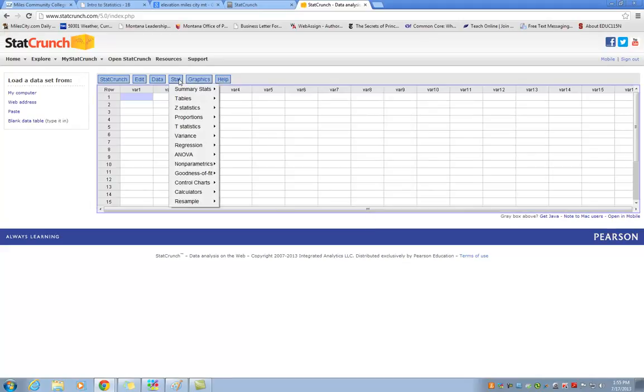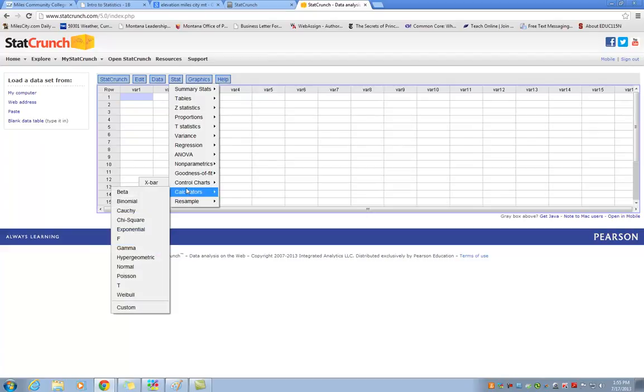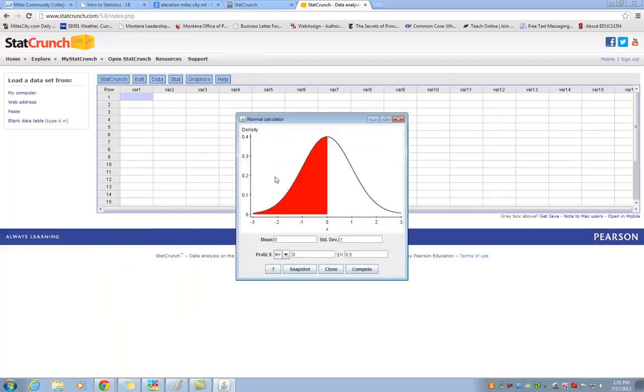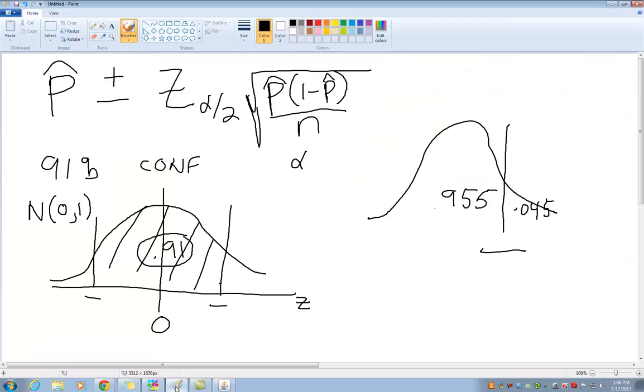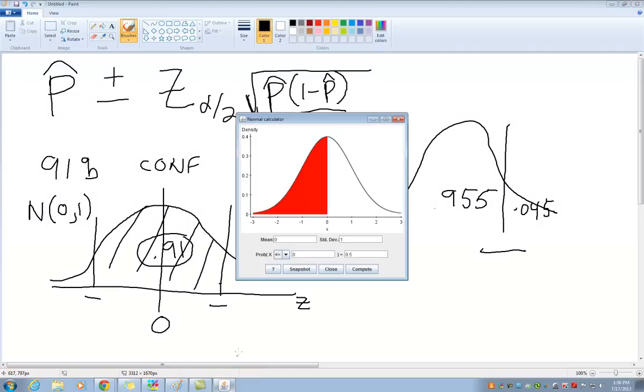All right, so we go to our calculator for the normal distribution. Now, which normal? The standard normal. That's the one that usually is given if you don't put anything in, 0, 1. And we want this cutoff right over here. We don't know exactly what value of z it's located at, but we know it cuts off either the lower 0.955 or the upper 0.045.